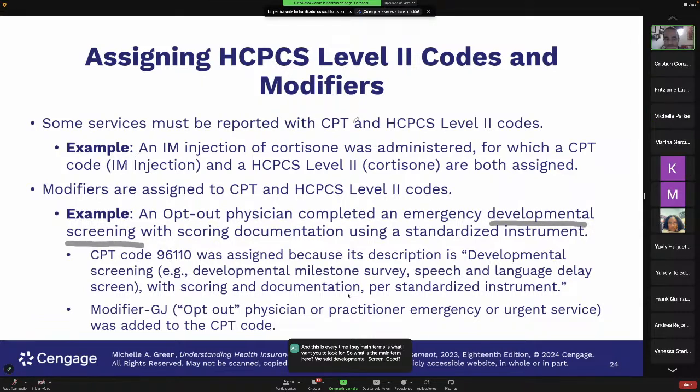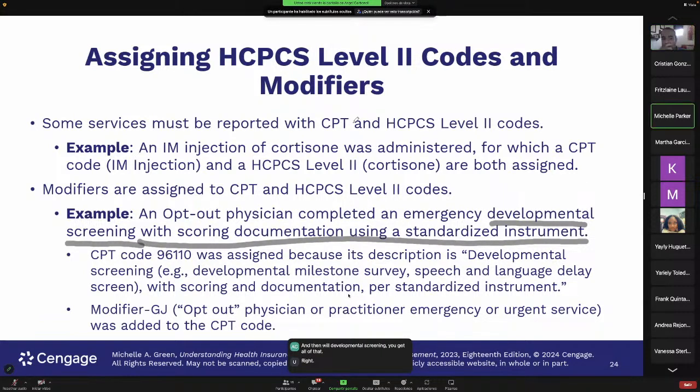And with developmental screening, you get all of that. Now, what will be the other important terms? Opt-out, whatever that means. You can go look for that. Okay, it makes sense.